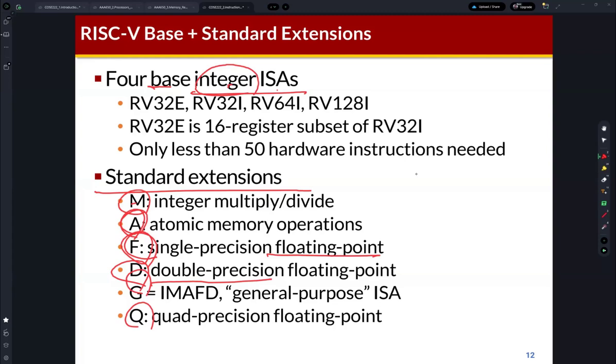Usually our laptop includes an x86 CPU. So if you purchase Intel or AMD CPUs, our laptop can only run x86 instructions, not RISC-V, right? Do you understand? So the ISA is totally different.